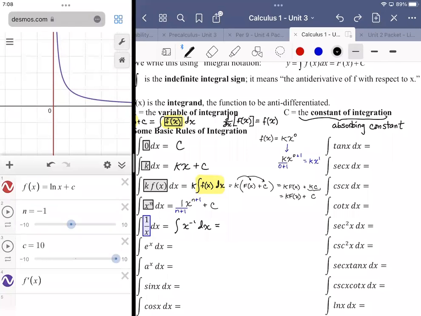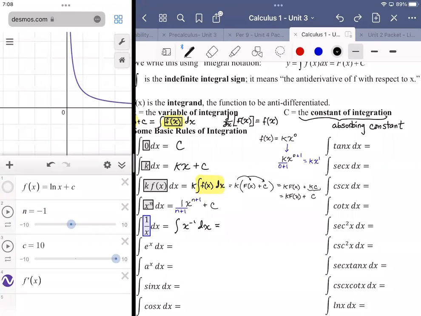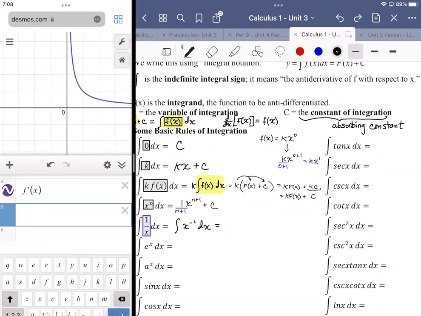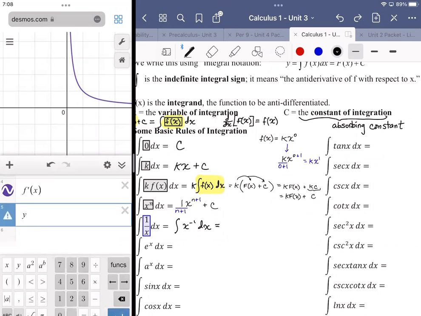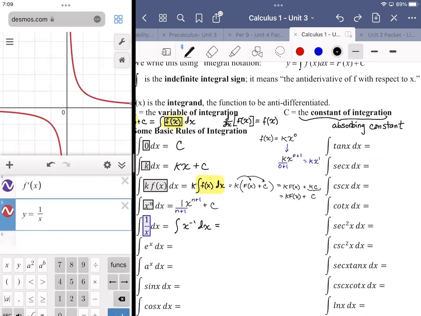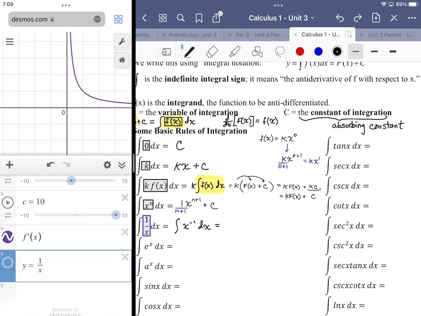Okay. Well, that's good. But y equals 1 over x is this graph. Got a little extra. Same graph on the right side, but we got a little extra stuff on the left that we don't want.